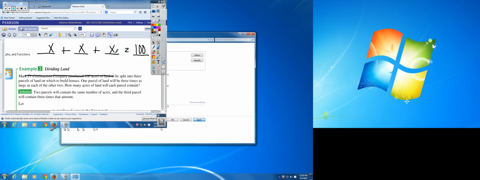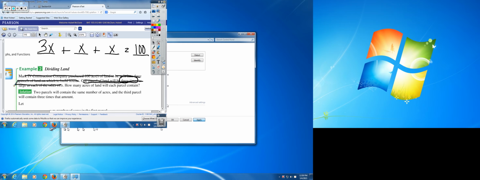So that takes care of 3 parcels of land to build houses. Okay, now it's going to tell you a little bit about each one. One parcel of land will be 3 times as large as each of the others. And that's it. And that takes care of that part.